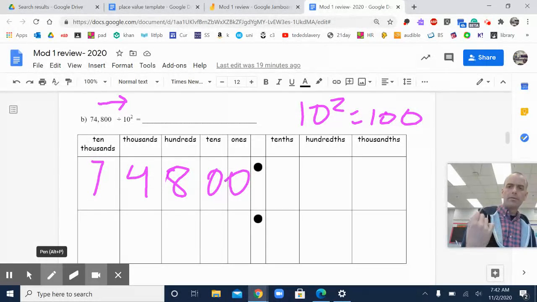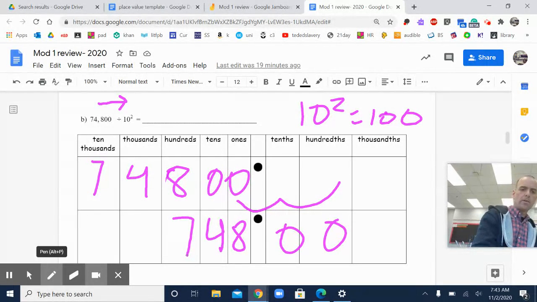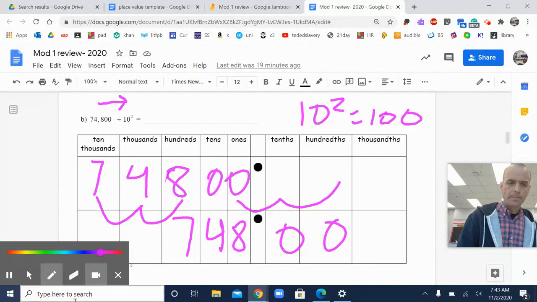And then I move 2 places to the right, or 2 places to get smaller. Sorry. The video has me turned around. So I go 1, 2. And then I place all of the numbers. And see, they all went 2 places, 1, 2. Okay? And so my answer is 748. That was number 2.